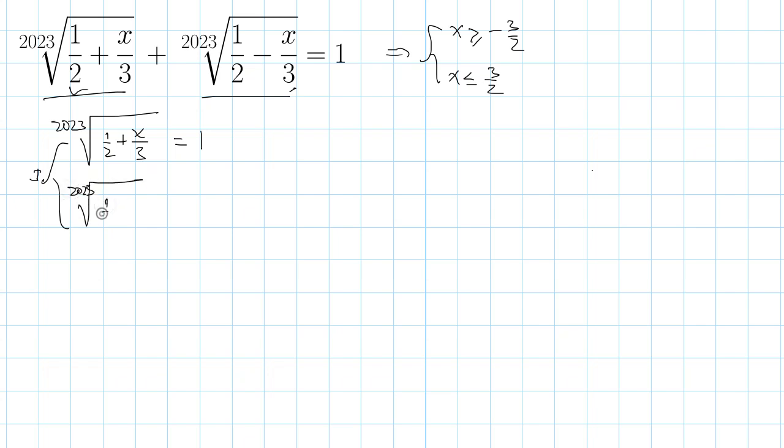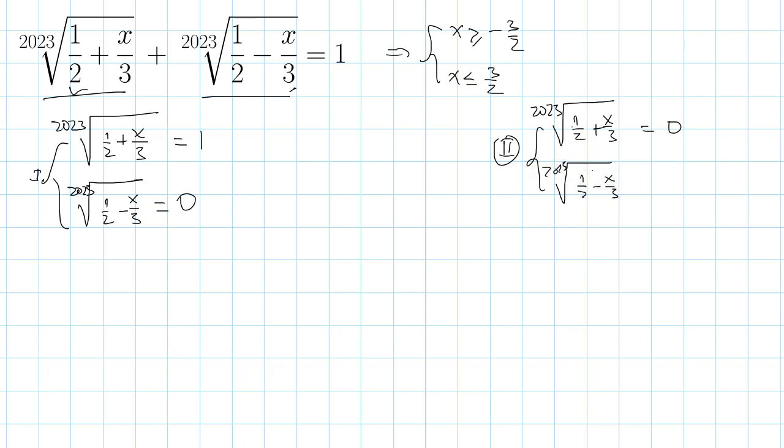2023, and I have 1 half minus equals 0. This is the first one. And the second one, I'm going to write here, it's going to be equal 0 or 2023, half, negative half, it's going to be 1.